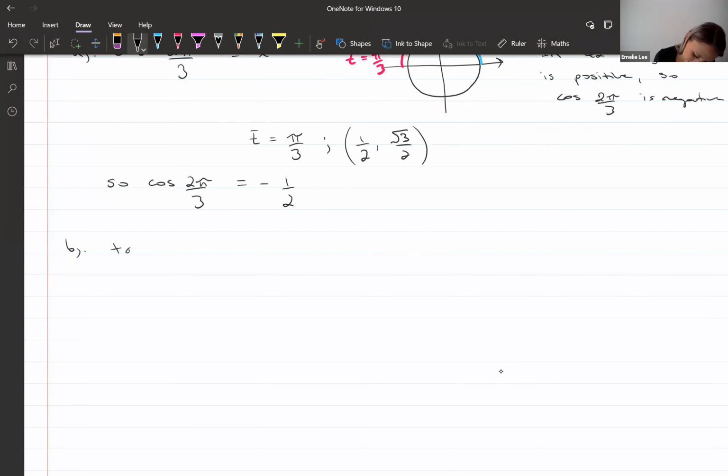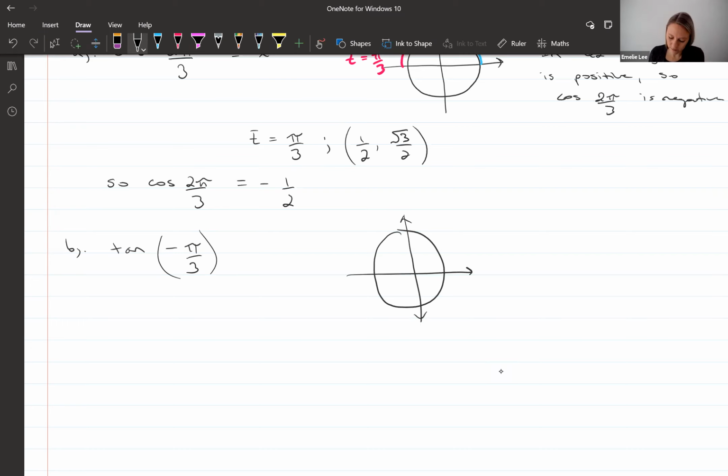All right, let's do another one. If we're doing the tan of negative pi over 3, well, if I look at my circle here, negative pi over 3 means I've moved a distance down of negative pi over 3. So my reference is also, whoa, what happened here? Put me somewhere else.